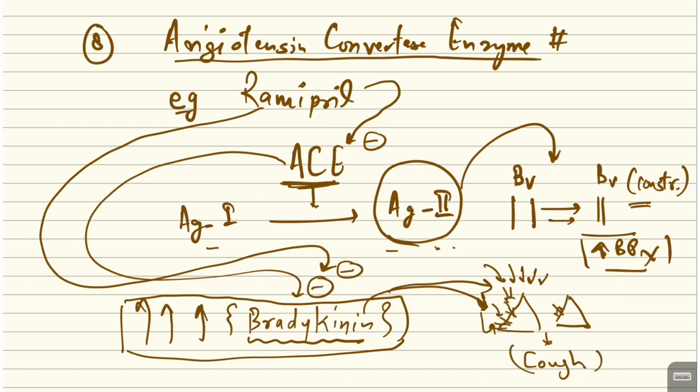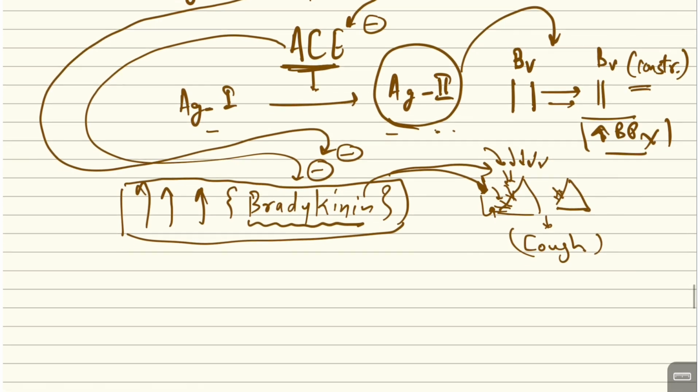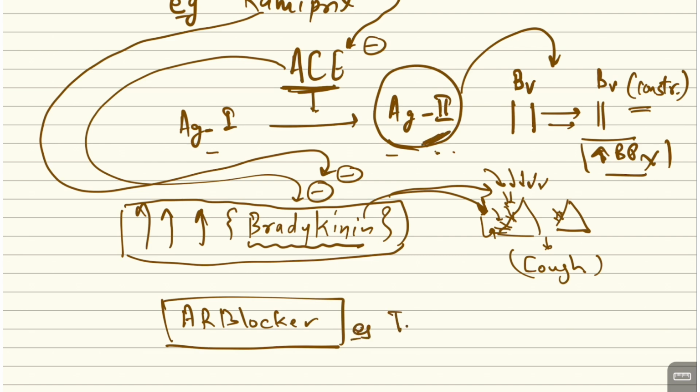If the cough is occurring because of these drugs, we have to stop them and substitute them with drugs like angiotensin receptor blockers. These work directly on the receptors of angiotensin 2. Drugs in this group include telmisartan and losartan.